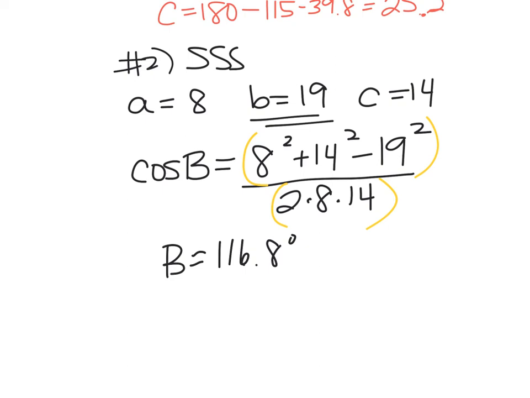No. So I put parentheses 8 squared plus 14 squared minus 19 squared. Divide by parentheses 2 times 8 times 14. And then you get cosine of B is approximately equal to negative 0.450. Make sure that you're in degree mode. And then you cosine inverse that to get angle B.